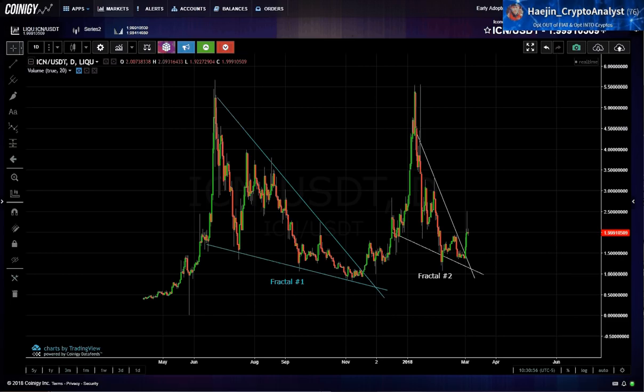So take a look at these two fractals. So this triangle broke out, and it was about equivalent to the height of the starting point of this triangle.